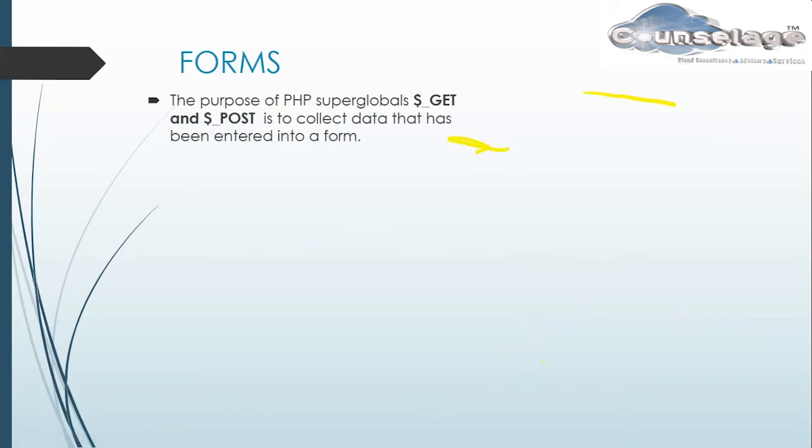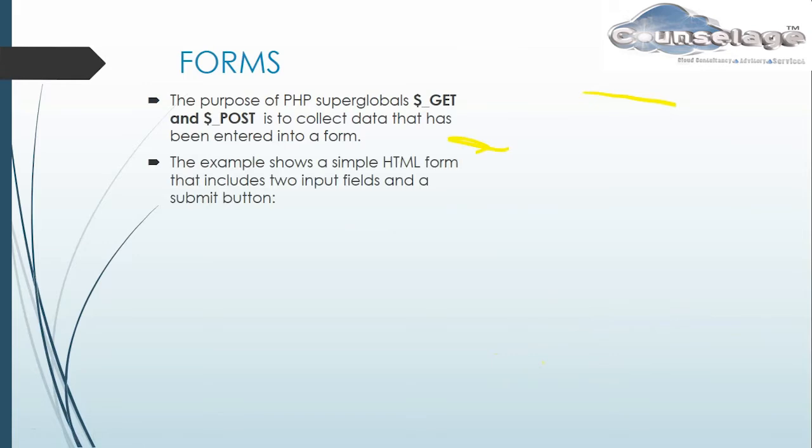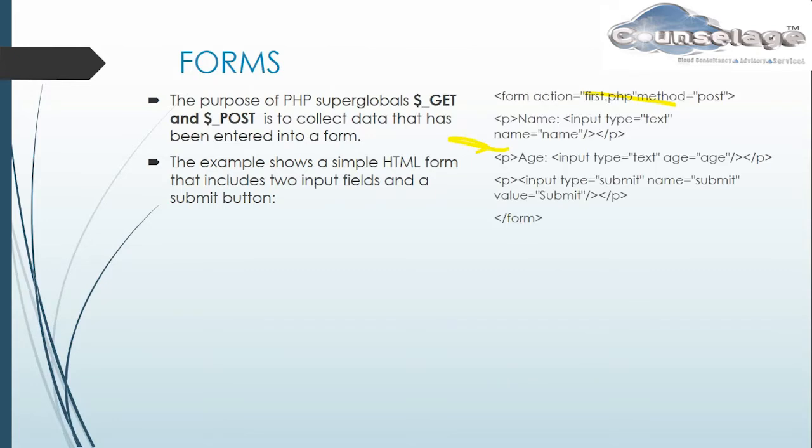Now comes forms. The purpose of the PHP superglobals, that is GET and POST, is to collect data that has been entered into a form. The example shows a simple HTML form that includes two input fields and a submit button. Form action first.php, and the method is post.